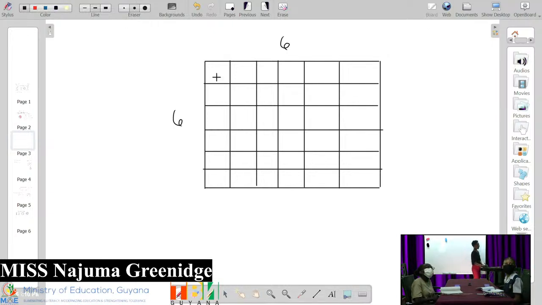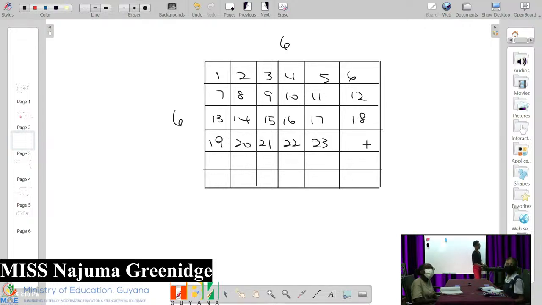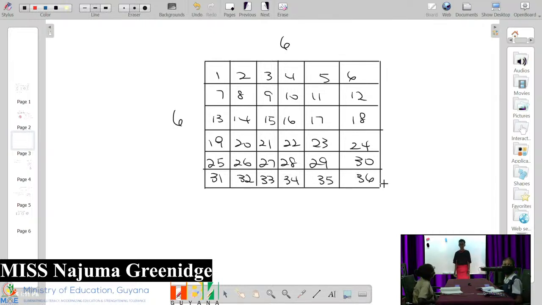Let's check on them. 1, 2, 3, up to 36. So you see where the squares come from? So it's 36. Each one of these squares.